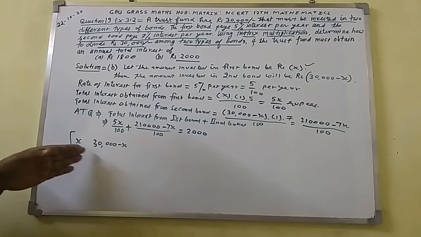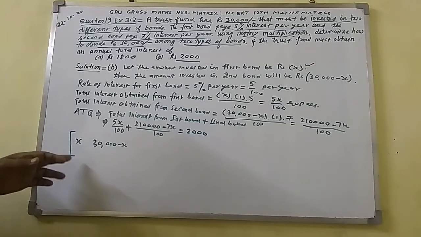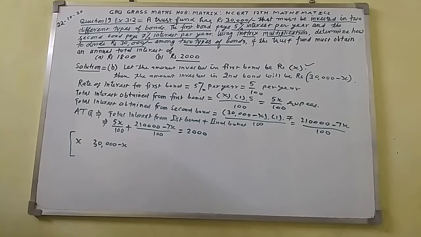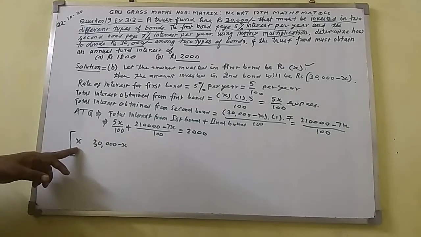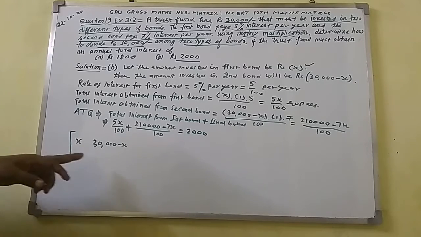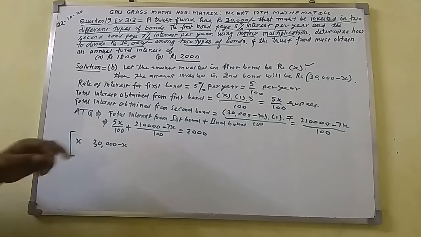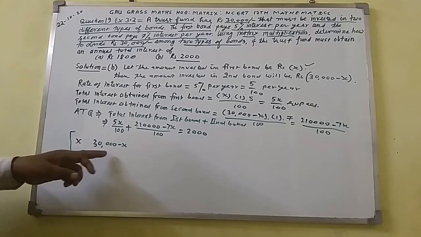If I represent this in matrix form, the principal in the first bond is rupees x, and the principal in the second bond is rupees 30,000 minus x.